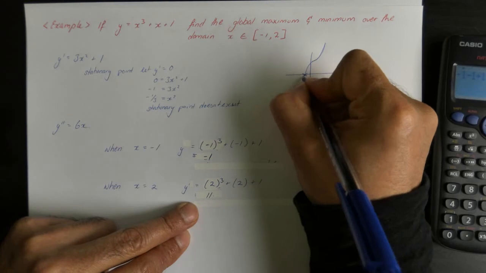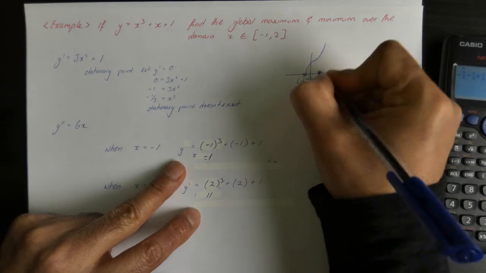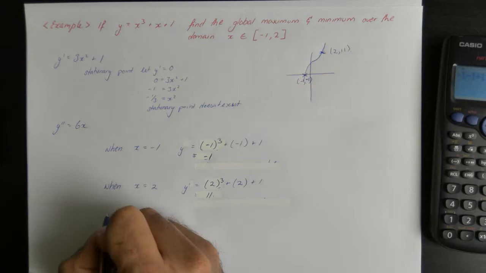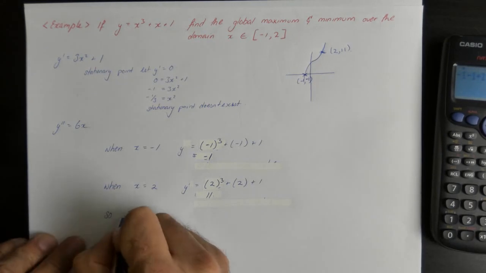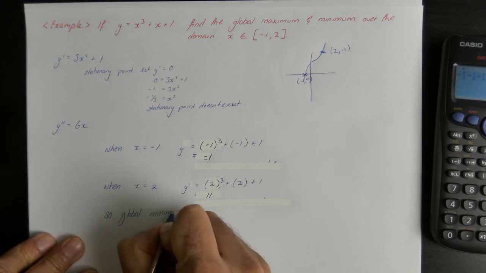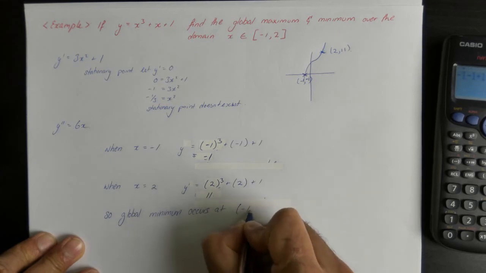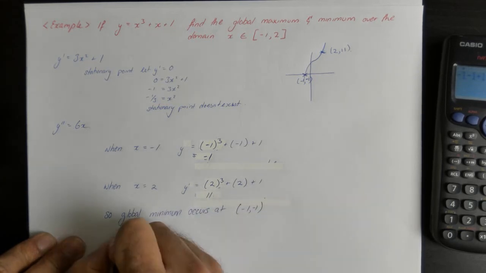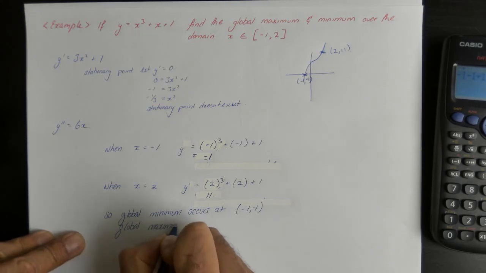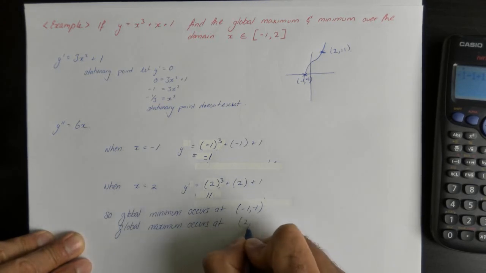So we'll get this point here of negative 1, and a point up here which is 2 and 11. So the global minimum occurs at negative 1, and the global maximum occurs at 2, 11.